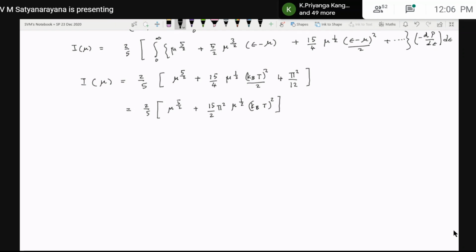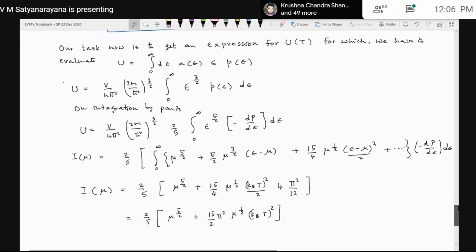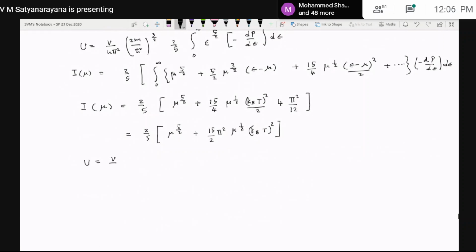Okay, so now I can go back and write this here. So this integral, u is equal to V by 4 pi square and twice m by h bar square to the power 3 by 2 into 2 by 5.